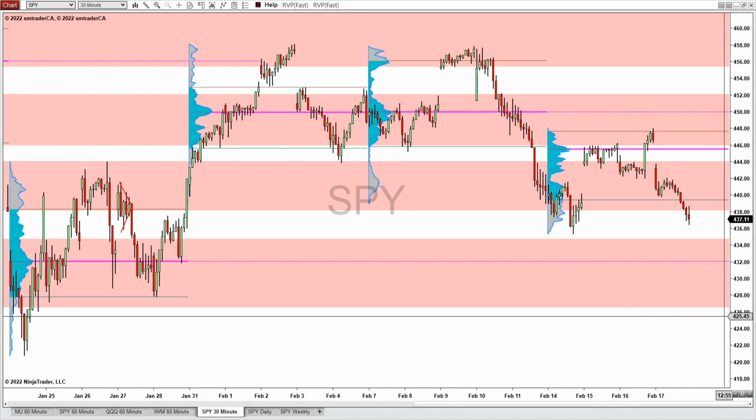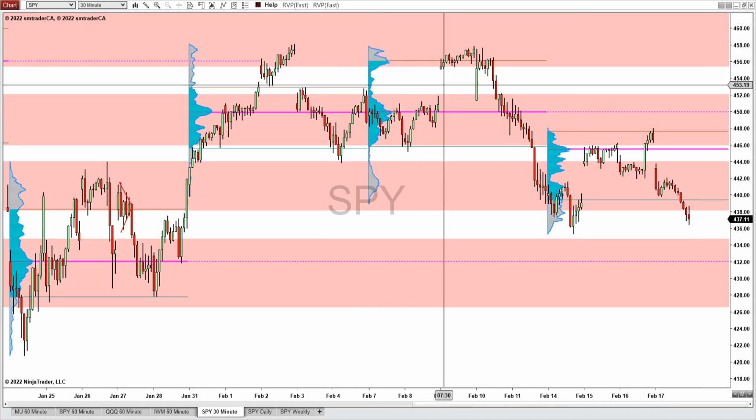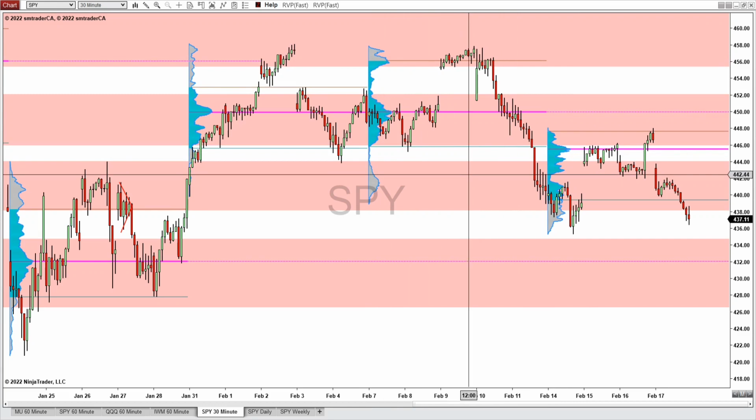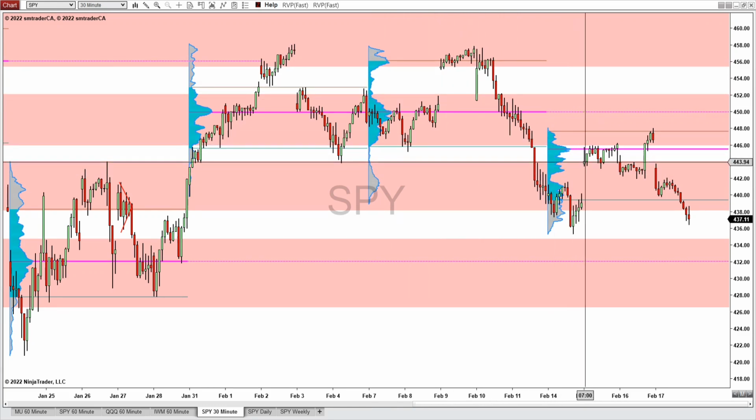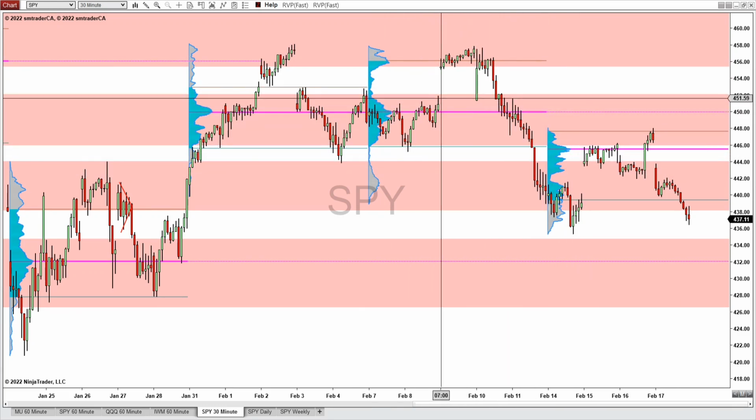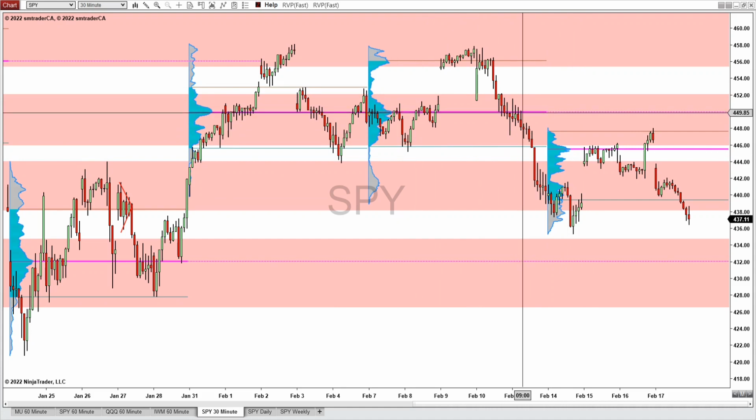Now, let's take a quick look at the SPY on the weekly volume profile. Each one of these profiles represents a week of trading. You can see that the previous week has the point of control near that 450 level, which is also the composite point of control.